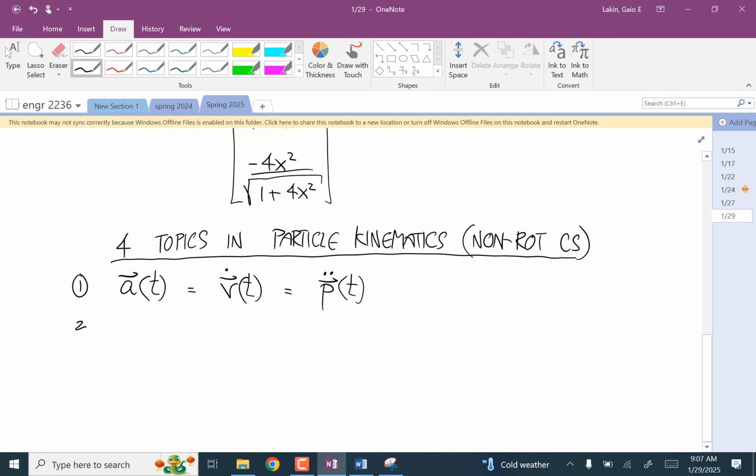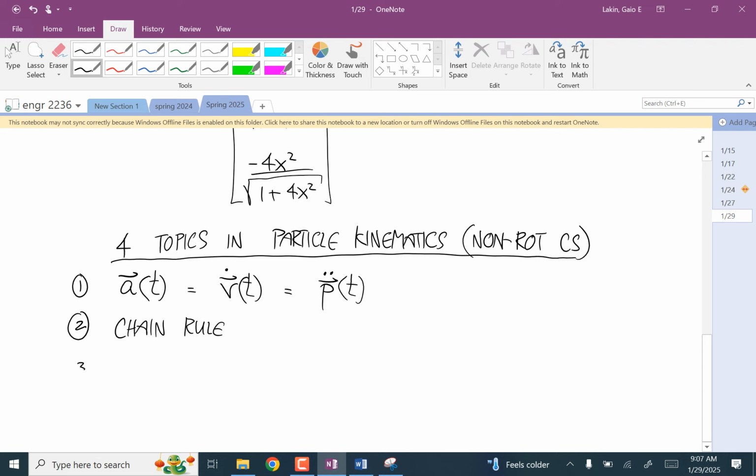Next, there's the chain rule. That's stuff like this problem here where you know the velocity, or you have a way to find the velocity as a function of a position variable.